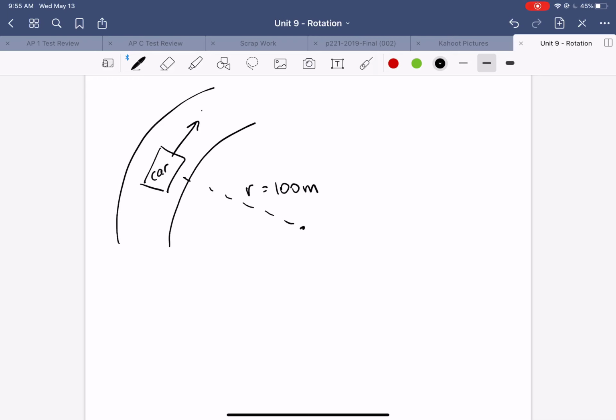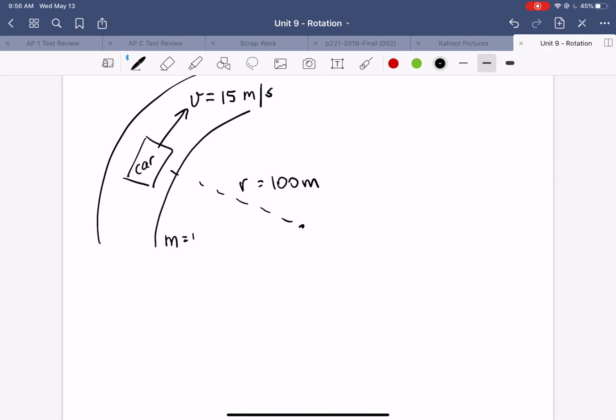Let's say the car is moving with a velocity of 15 meters per second, and let's say the mass of the car is 1,500 kilograms. So how much force is required to keep the car moving on this path in a circle at constant speed? In other words, what is the centripetal force?